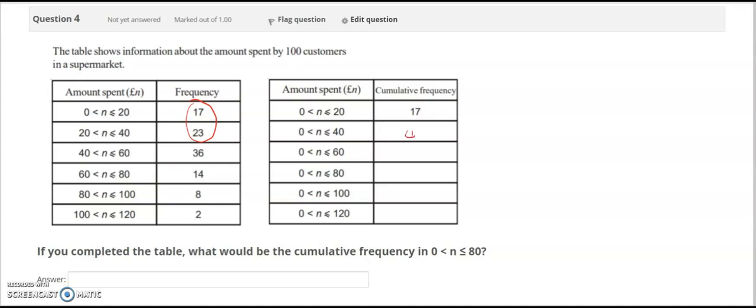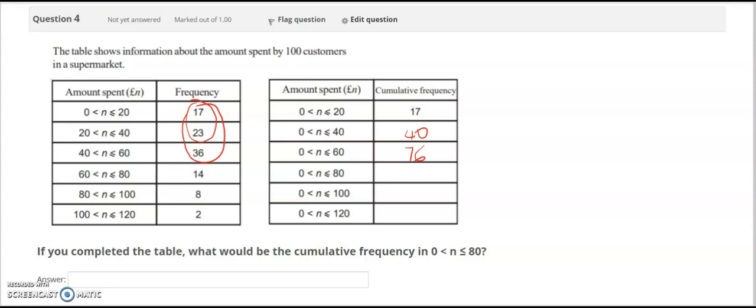And that gives us 40. So adding 17 and 23. Now we're looking at the range between 0 and 60, so we'll include all three of them. We have 40 already for the first two. We add in 36, so that makes it 76. Now we'll include the 14 as well for the next one.